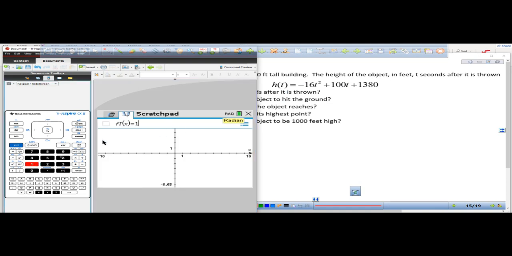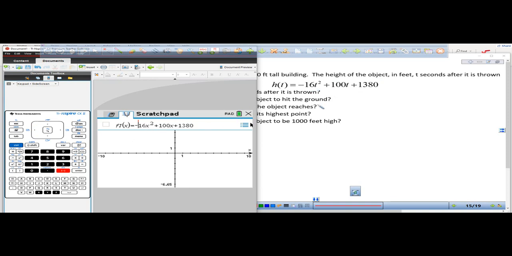We have negative 16 x exponent 2, plus 100 x, plus 1380. You just type in this equation right here, and then it'll graph it. That should be a negative 16, so negative 16x squared.